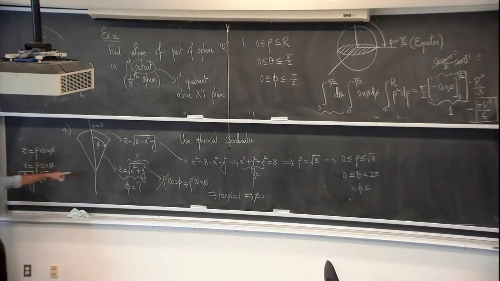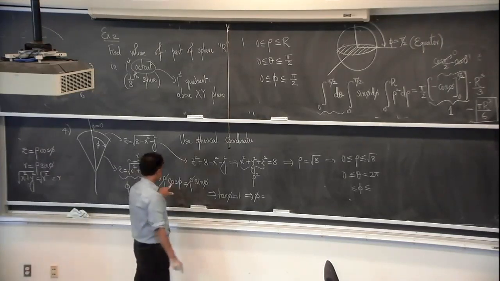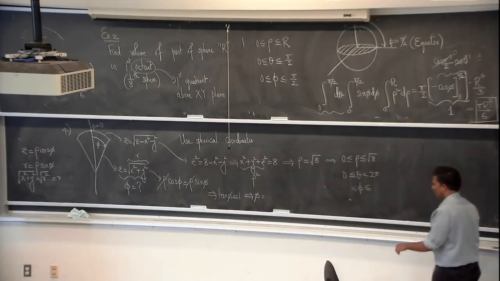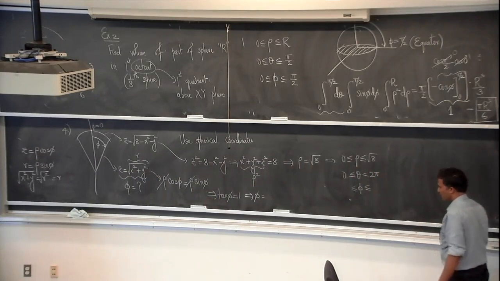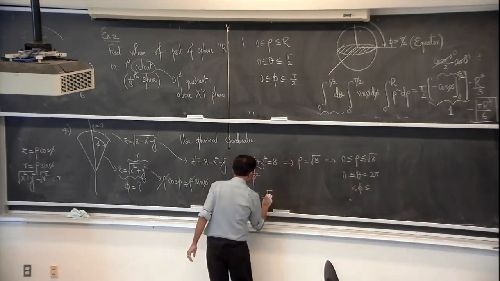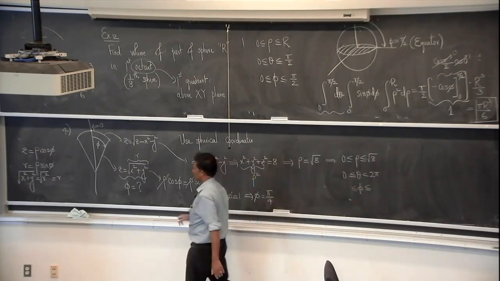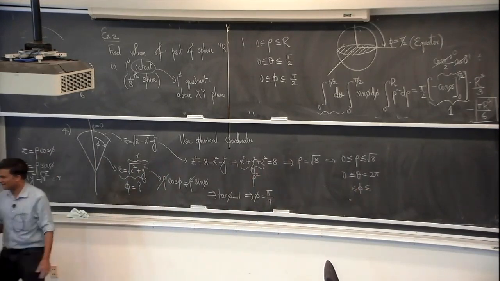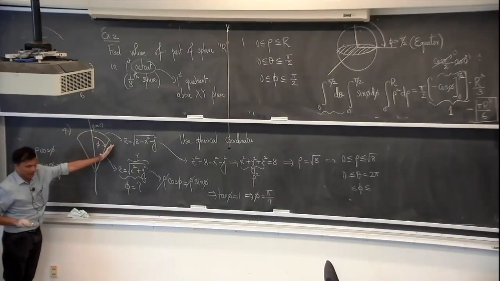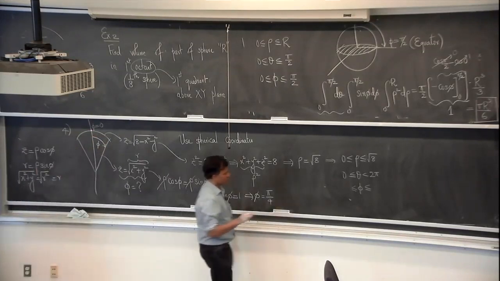Since these two are equal on the cone, you have rho cosine phi equal to rho sine phi. If you divide both sides by cosine of phi, you get tangent of phi equal to 1. That gives you a number for phi. What is that? Pi over 4, 45 degrees. So the cone, which looked like a pretty difficult thing to do in spherical coordinates, is actually just a number in spherical coordinates. It starts from the North Pole, stops at this line, and goes from 0 to pi over 4.